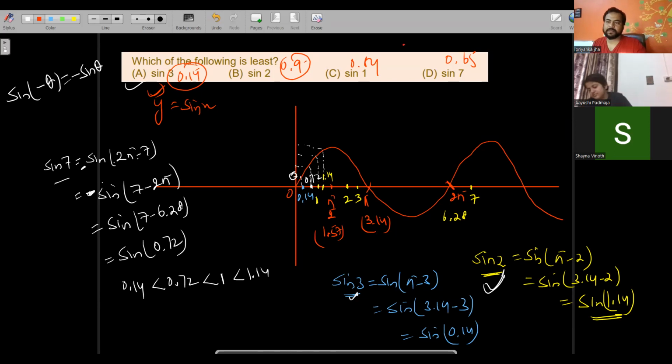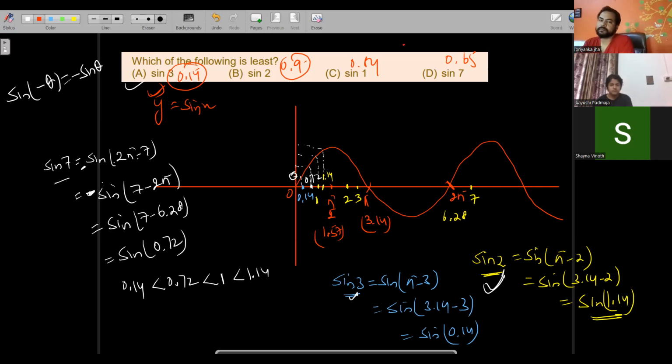So in the beginning, I got A because I was doing a different way. I took theta as sine theta, sine 2 theta, and theta as 1. So sine 3 theta would be 3 sine theta minus 4 sine cube theta. The second would be 2 sine theta cos theta. Third would be sine theta.